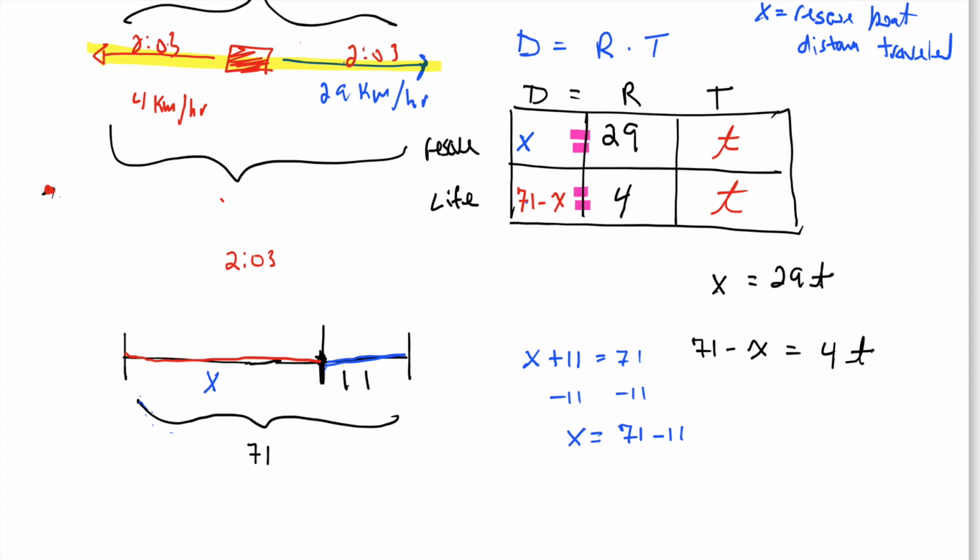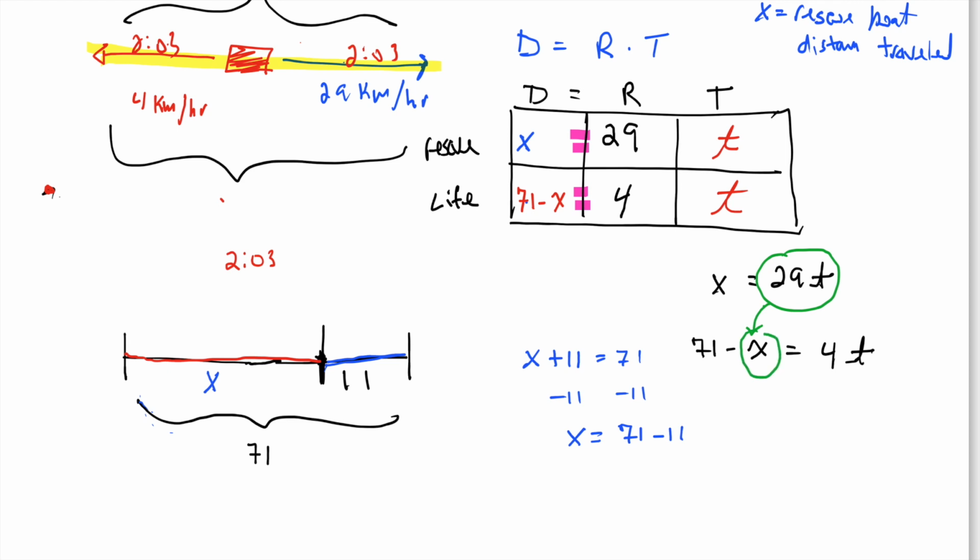And you don't have to do a system, actually. In this case, substitution is probably easier. So you could just go, I'm going to drop that 29t. I'll replace x equals 29t, so I'll replace this x with that 29t.